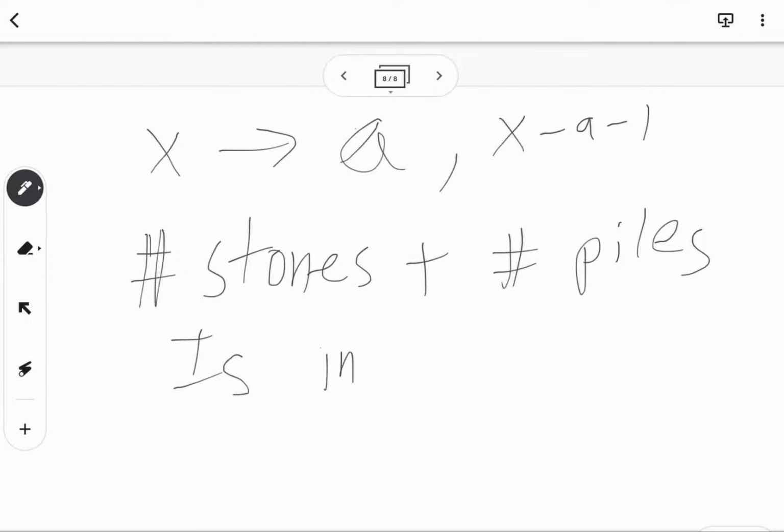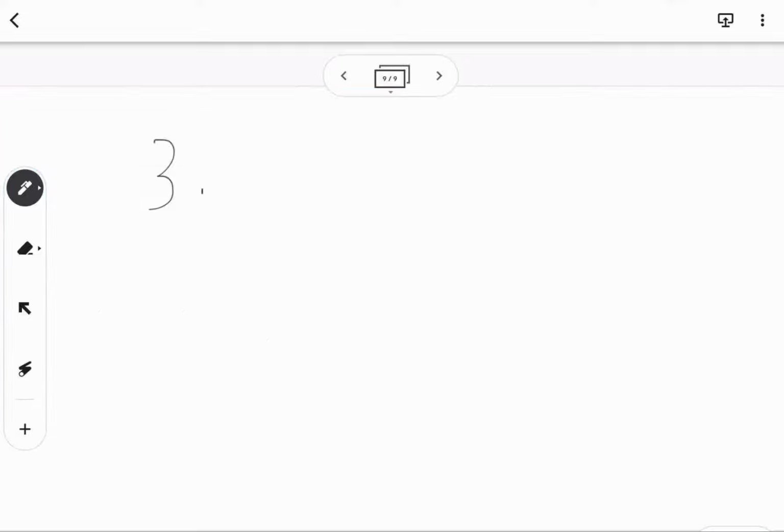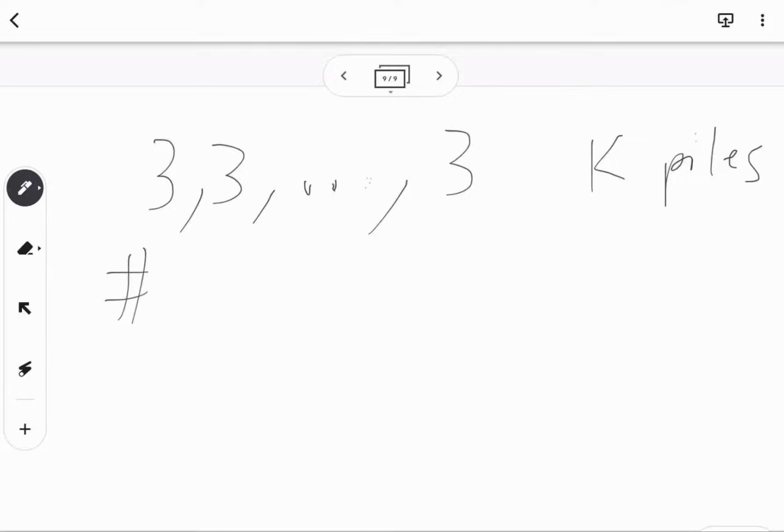So how can we use this? Well, we want to somehow go back to our mod 4 idea. If you have a pile, let's say we have a bunch of 3s, right? So now we're looking at the end state. We're going to go for a proof by contradiction. So we're looking at the end state and somehow showing that it's not possible. Then if there are k piles, then number of stones plus number of piles equals 4k, right?